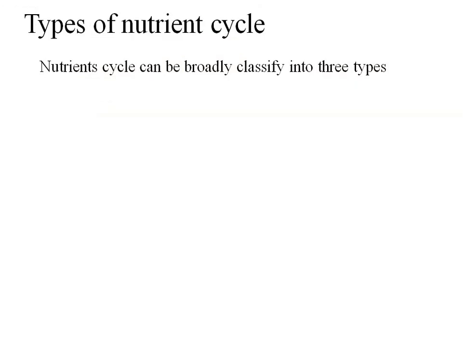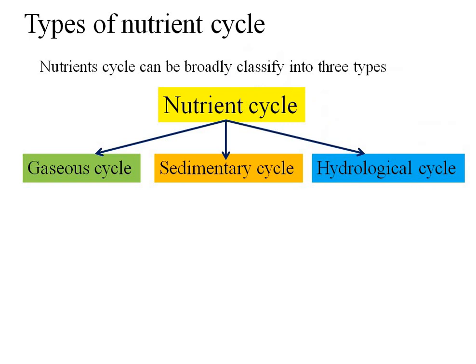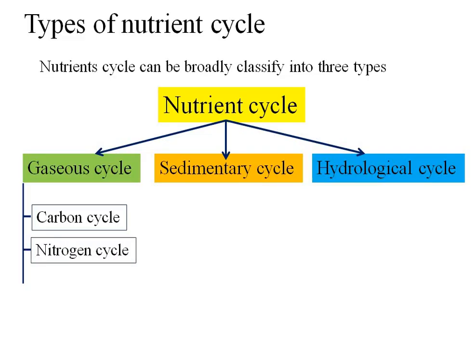Let us discuss the different types of nutrient cycles. Nutrient cycles can be broadly classified into three types. First one is gaseous cycle, second, sedimentary cycle, and then hydrological cycle. Gaseous cycles again have three types: carbon cycle, nitrogen cycle, and oxygen cycle.